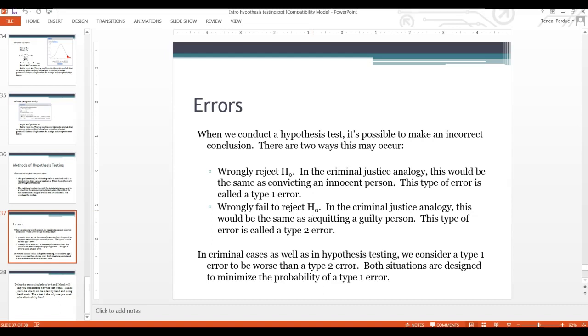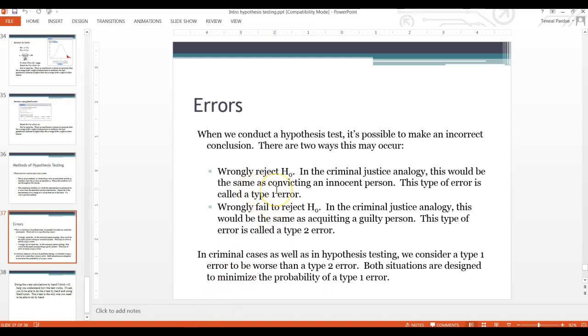In criminal cases, just like in hypothesis testing, we really try to avoid making a type 1 error. What that means is it's going to be a little more likely that we make a type 2 error, but that's kind of the trade-off. So we try to avoid doing that.